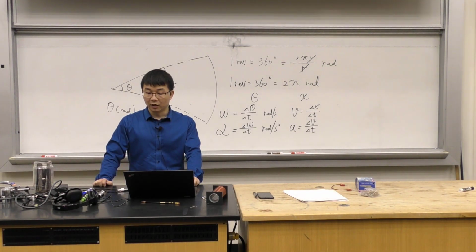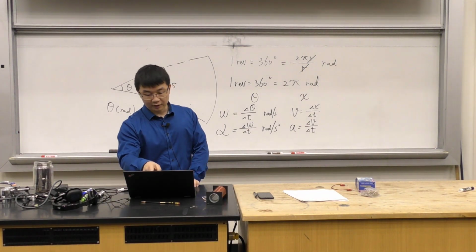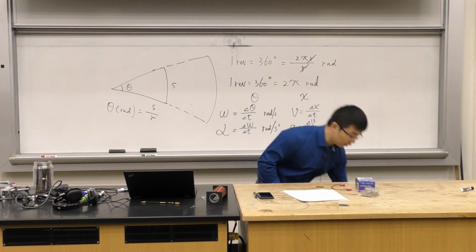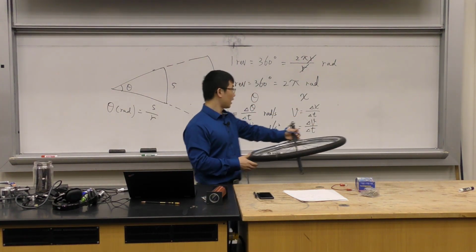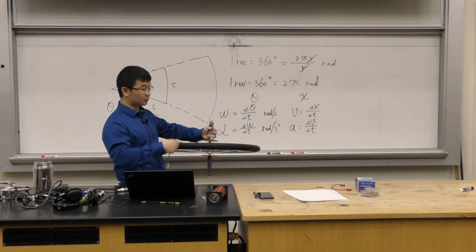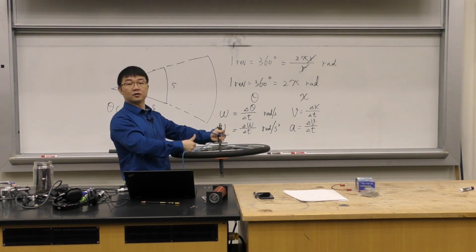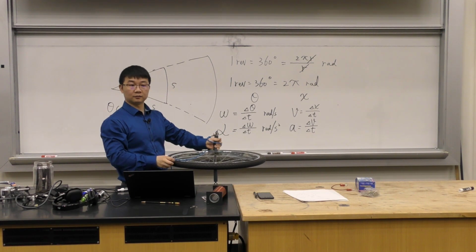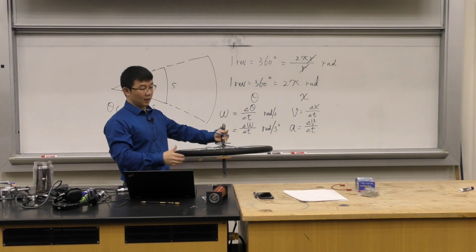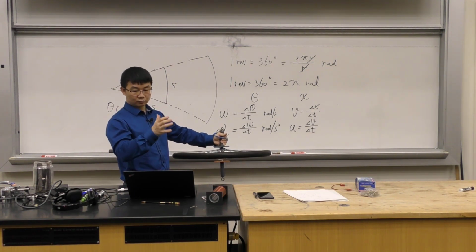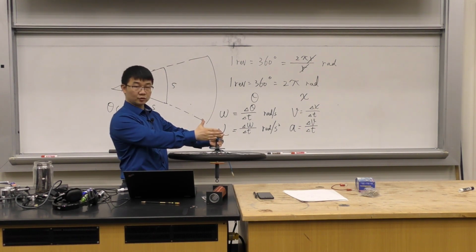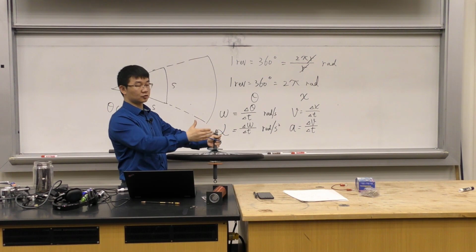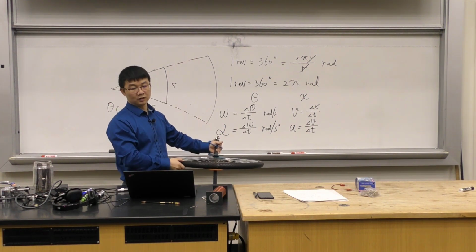The direction of the angular velocity is very weird. If something is rotating in a horizontal plane like this, I can calculate the angular velocity, but the direction is actually perpendicular to the plane. I use my right-hand rule to grab this rotating object: my fingers are in the direction of the rotation, and my thumb is in the direction of the angular velocity.